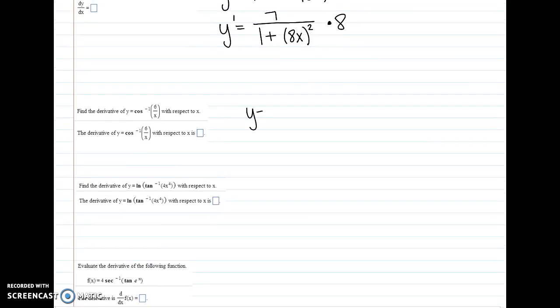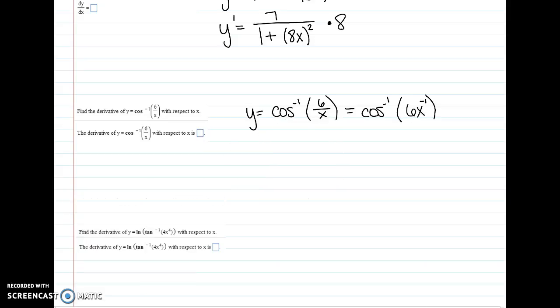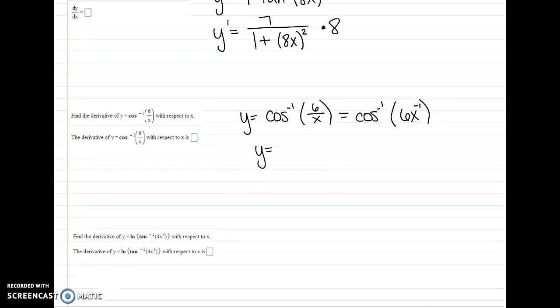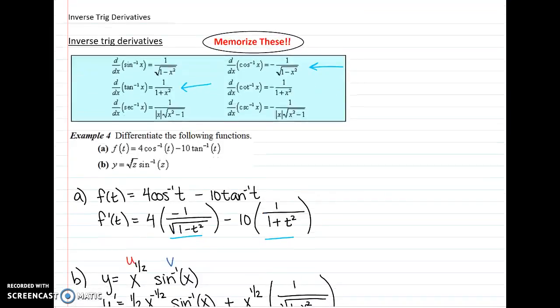We've got y equals inverse cosine of 6 over x, which, if you want to, you can think about as inverse cosine of 6x to the negative 1. The derivative of inverse cosine is negative 1 over the square root of 1 minus x squared.